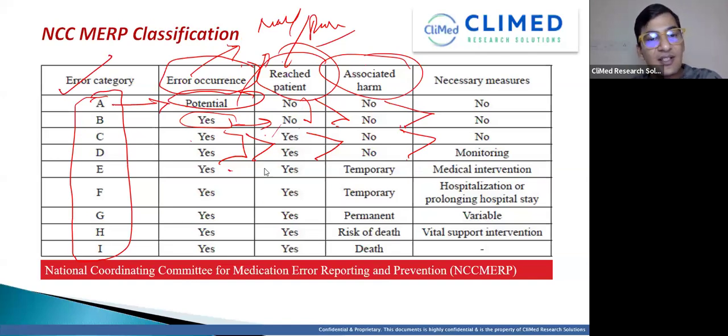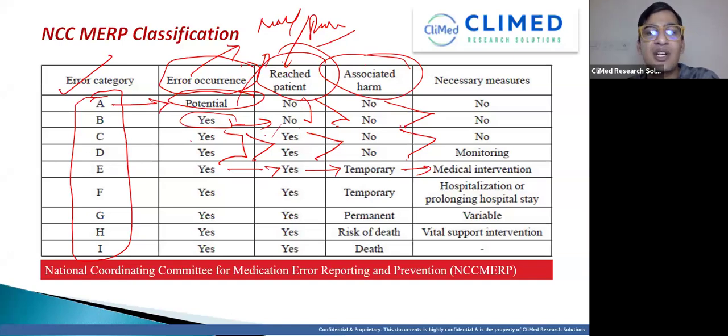E is happening and reaching the patient, but after reaching the patient, it is causing just temporary harm. So some medical intervention is needed. For example, the patient got the tablet and got vomiting, and was given tramadol or something else, or maybe domperidone for the vomiting or nausea.